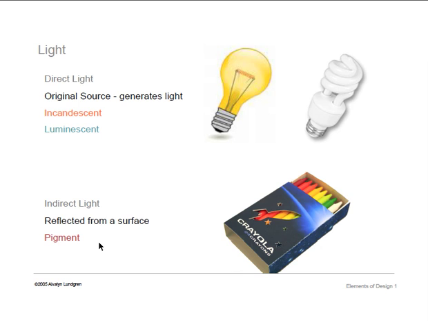Natural pigments are either going to be dye-based or mineral-based. Dye-based might be indigo. Mineral-based might be cobalt, things like that. I know that some pigments come from red beetles and things like that. So anything that has the ability to reflect and absorb light is a pigment of some sort.